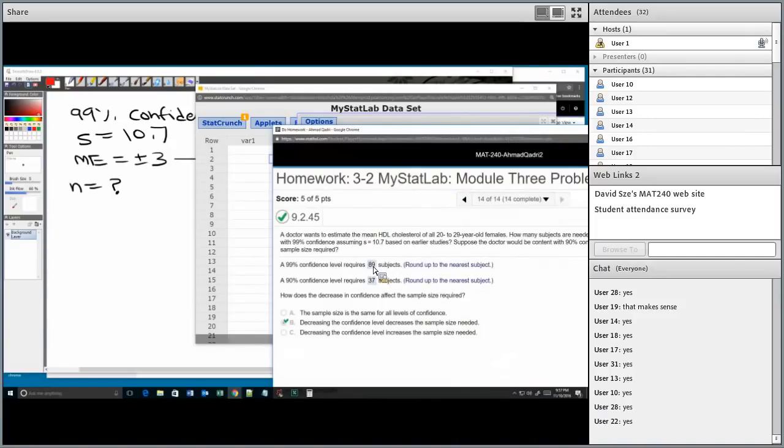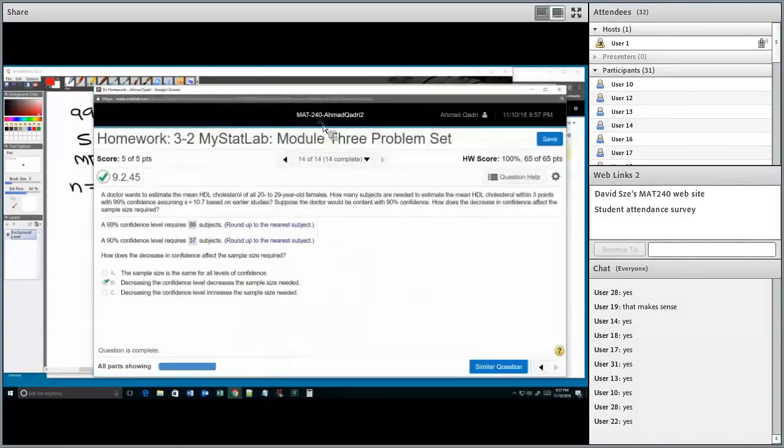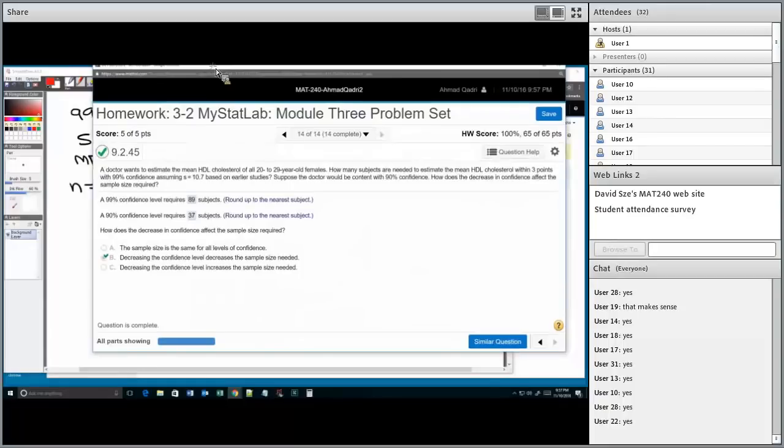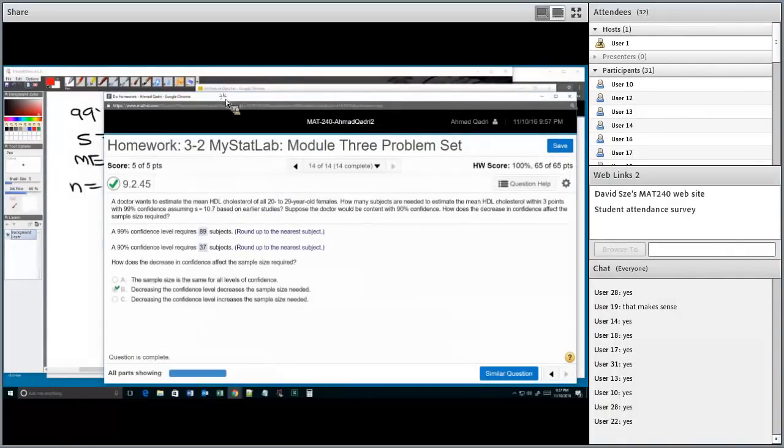Someone had asked before, what is an appropriate sample size to use? And I said the larger the better. But when you are given this precision, what you are trying to do in real life is find the minimum sample size so that you don't have to put more resources on that extra sample, right?